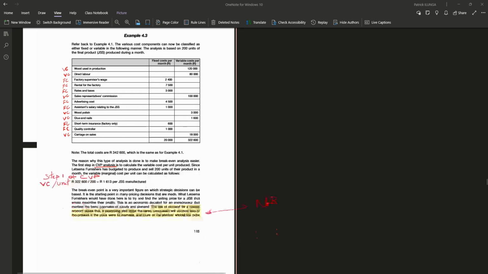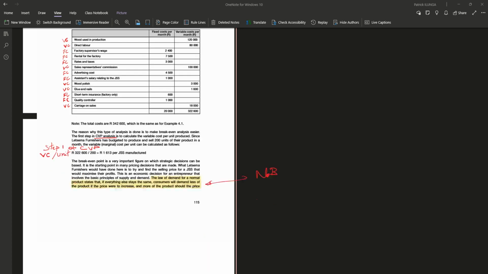And this variable cost is the first step in your CVP analysis. So the first thing that you need to determine in your CVP analysis is what is the variable cost per unit produced. And it is important here to understand that the break-even point is a very important figure on which strategic decisions can be based.